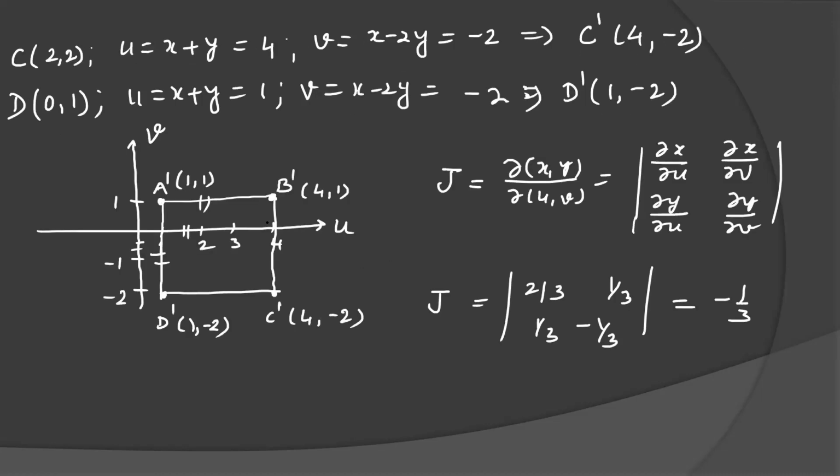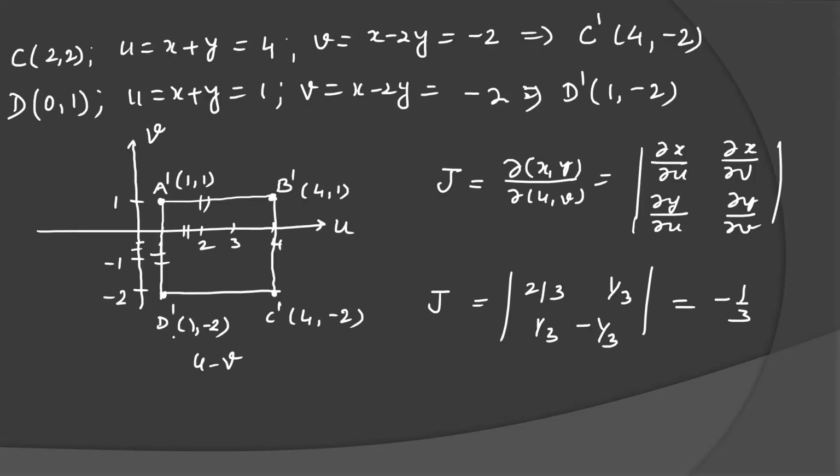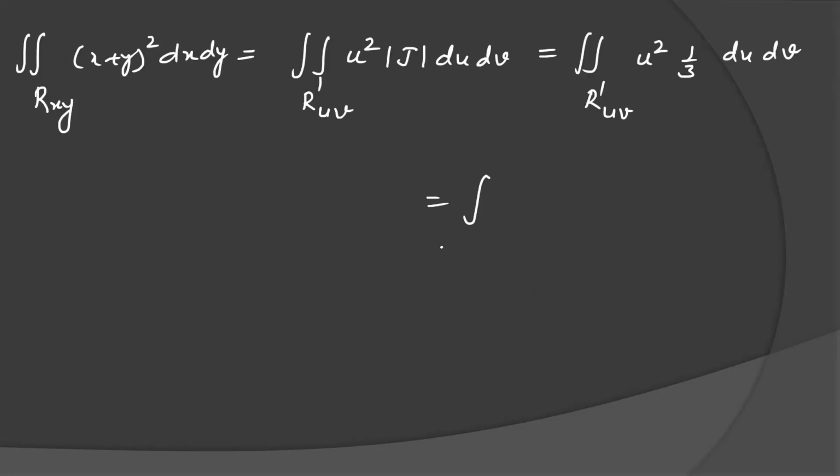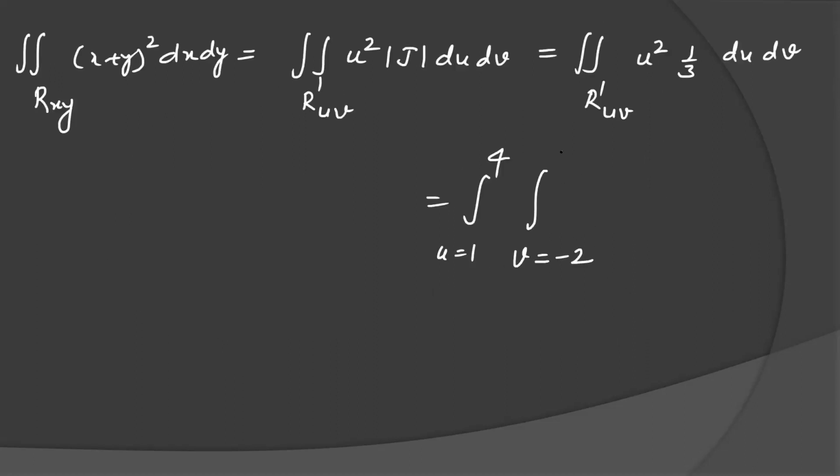And you can see that the region in the UV plane is parallel to the axis, so the limits will be constant. The limit of u is from 1 to 4, and the limit of v is from minus 2 to 1, of u square by 3 du dv.